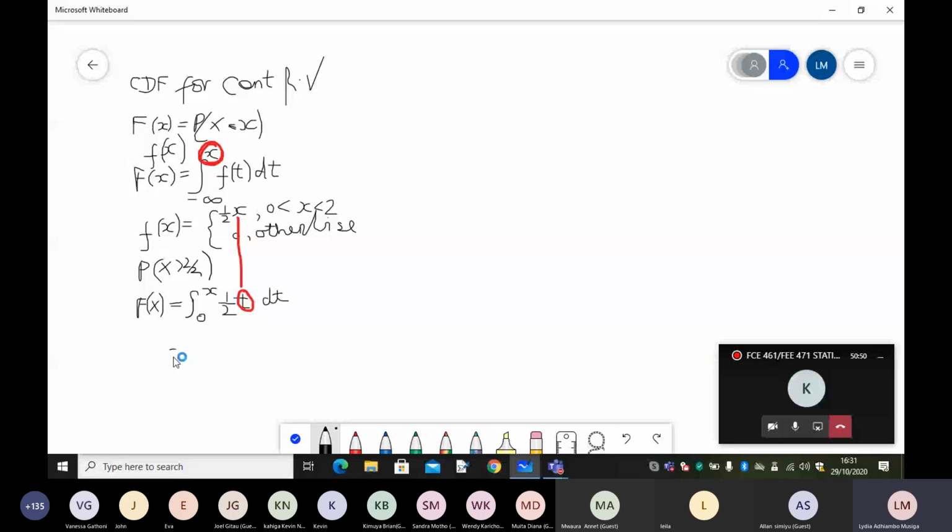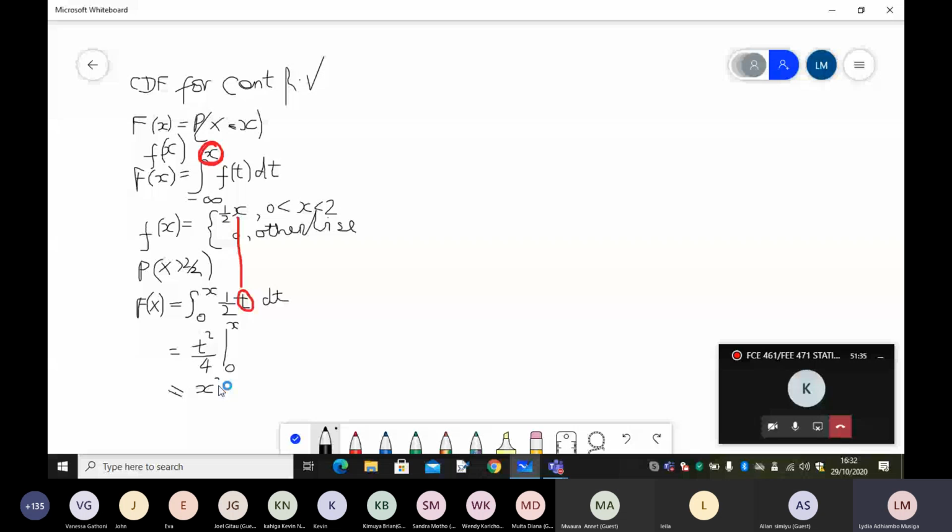So if we integrate this, we will get t squared over 4, from 0 up to x, and so capital F of x will be equal to x squared over 4 when we perform the necessary substitution.